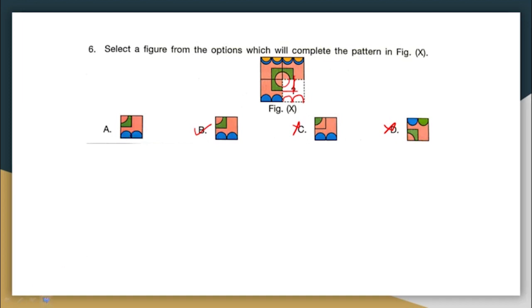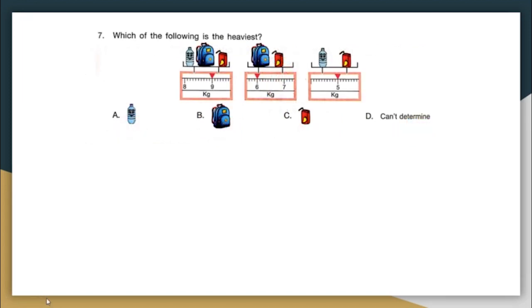Next one. Which of the following is the heaviest? So, which of the following is the heaviest? Can we find that out? See here, there is a bottle, and there is a bag, and there is also a juice bottle. All these put together, the weight is 9 kgs. Correct?